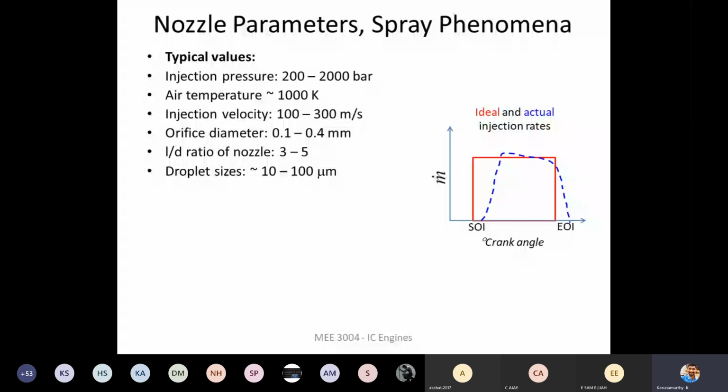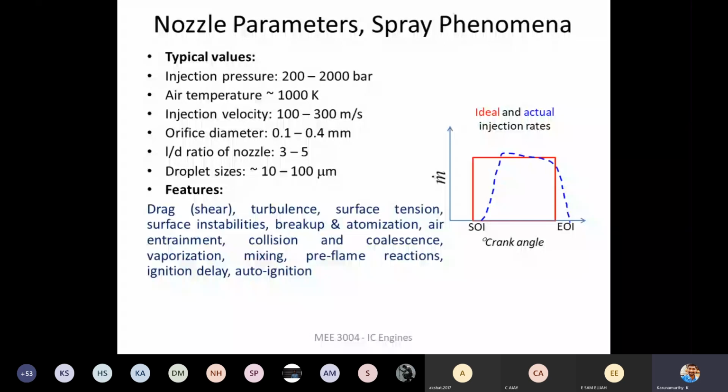So some of the parameters when the fuel is injected into the engine cylinder: it is going to experience drag by the compressed air, and there will be turbulence, and the surface tension of the liquid droplet, and the surface instabilities in the fuel nozzle, and breakup of the fuel droplet and atomization, and the air that is entering into the fuel spray, and the collision of the fuel spray droplet with the air, and vaporization of the fuel droplet and mixing with the air, pre-flame reactions, ignition delay, and auto ignition.